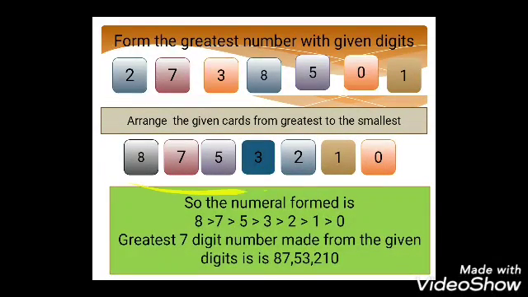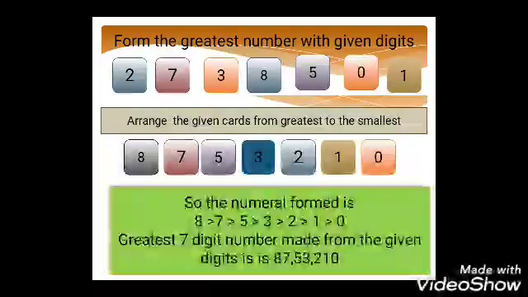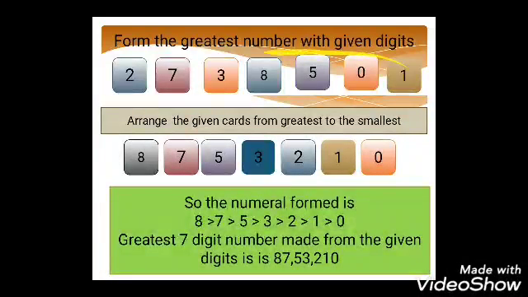So the arrangement of these digits from greatest to smallest gives us the greatest 7-digit number. So dear children, it's very much a fun activity where we can make any numbers of digits using the given digits. Here we have to find out the greatest 7-digit number.